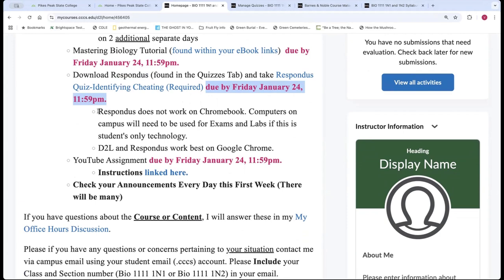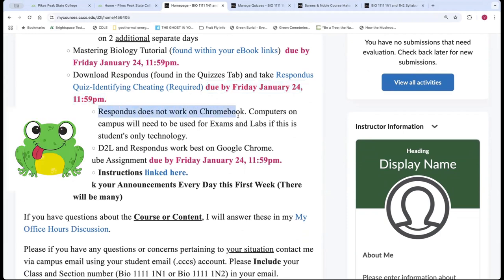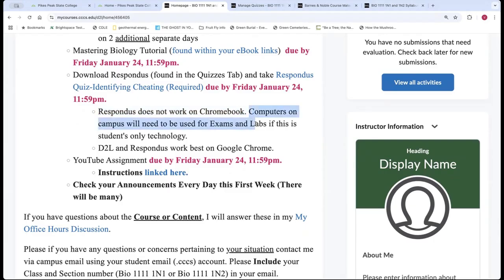So next, Respondus, this is really important, does not work with Chromebook. Okay, in addition, I am not enabling the use of iPads with Respondus either. So if you only have an iPad to work in this class or a Chromebook, I'm just letting you know it will be essential that for your coursework, you need to use the computers at the campus computer center.